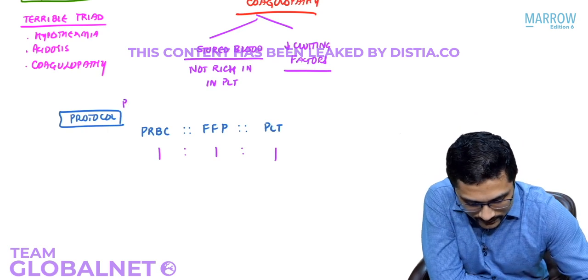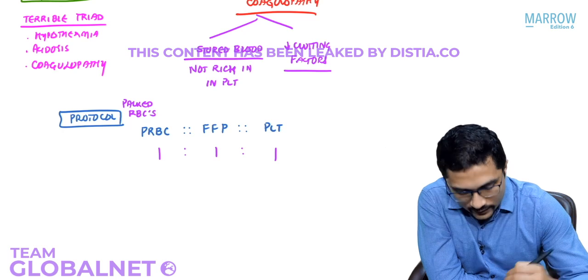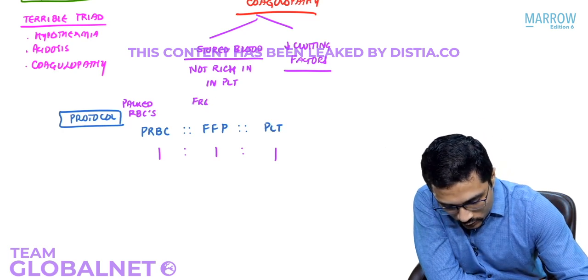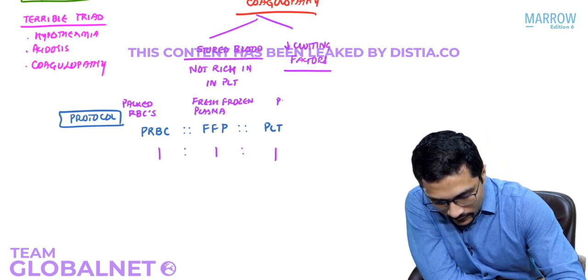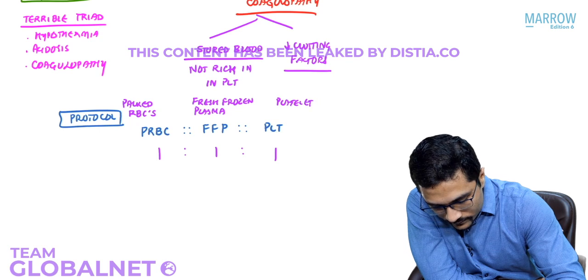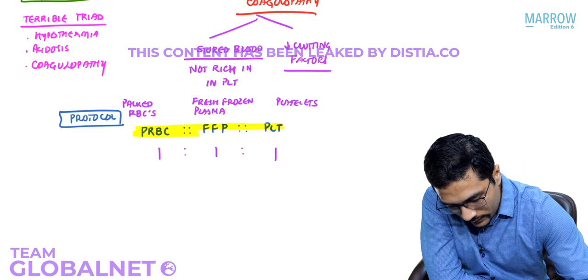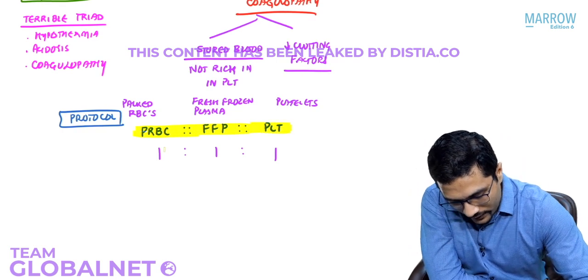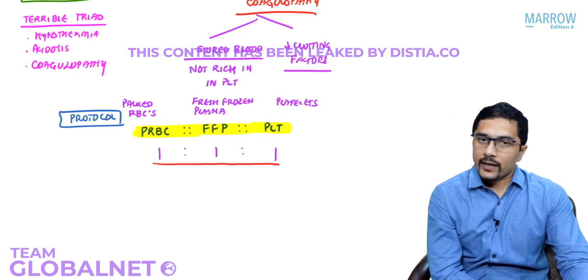PRBC is packed RBCs, FFP is fresh frozen plasma, and you have platelets. So the ratio should be 1:1:1 when we are doing massive blood transfusion in order to avoid coagulopathy.